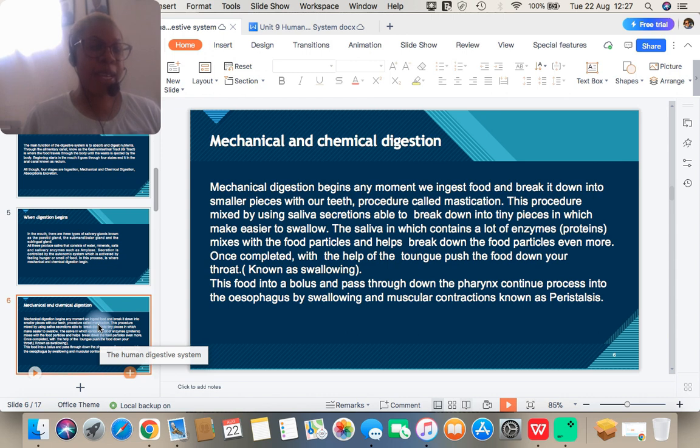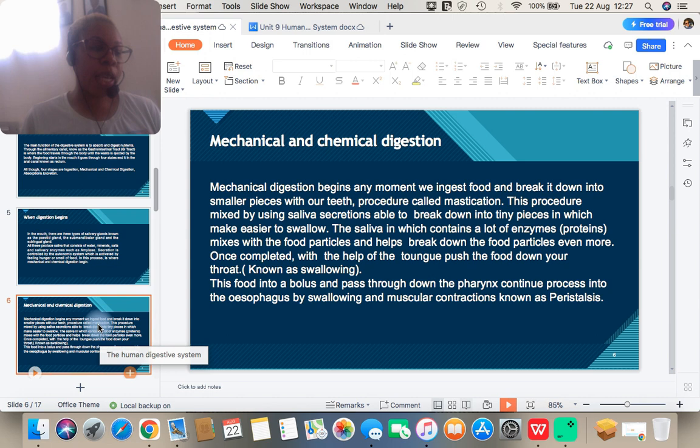The saliva, which contains a lot of enzymes and proteins, mixes with the food particles and helps break down the food molecules even more. Once completed, with the help of the tongue, we push the food down our throat. This is known as swallowing.